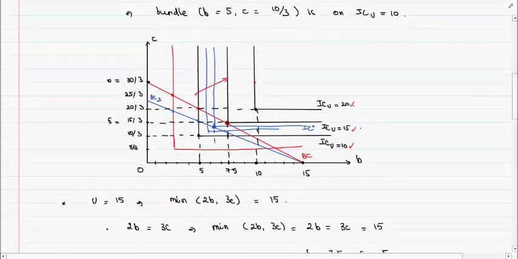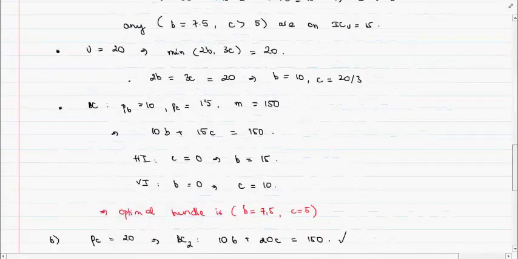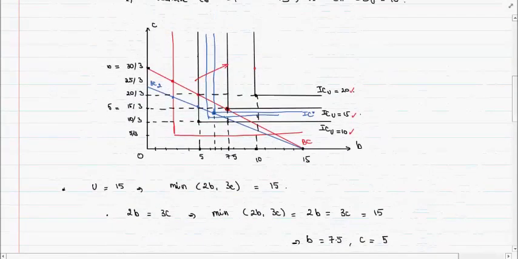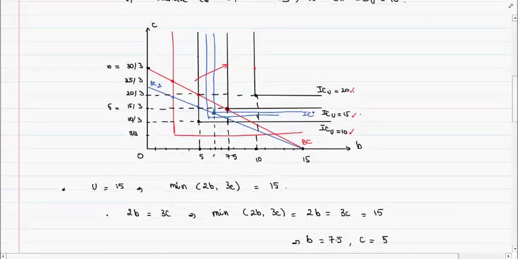So this point over here corresponds to a B of 45 on 7, and over here C is just 30 on 7.